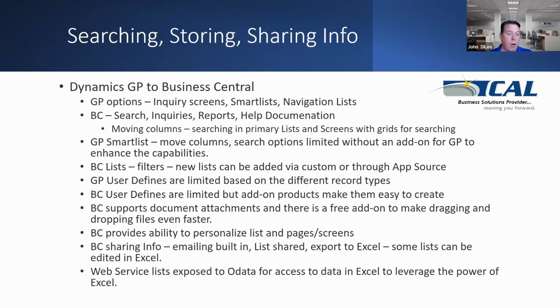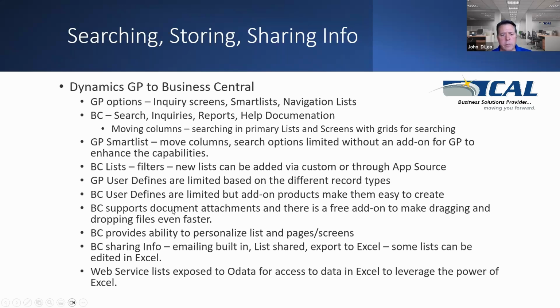There are add-on products that make it really easy, really affordable, to add potentially new screens, as well as new fields, and potentially even put some logic behind those. So that would typically be an ISV solution or a customization. Again, if you only need one field, it might be just a quick, simple customization that we could do, versus buying an add-on product. But again, some of those products are very affordable and have been around for a long time.